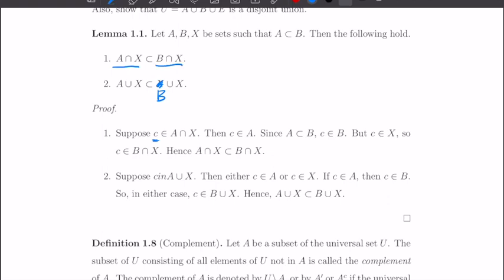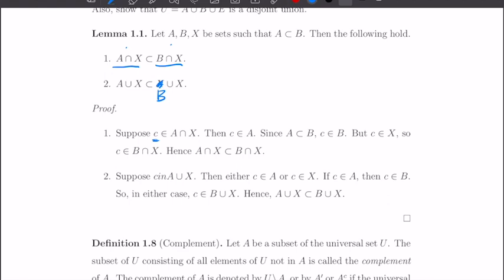Then go back to the definition of subset. If A is a subset of B, that means if you pick an element of A, whatever the element, every element, then that element is also an element of B. So if we want to prove this, we pick any element of this and show that it also belongs to this. That's what we want to do.